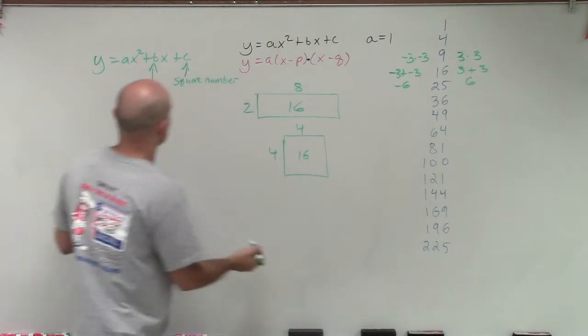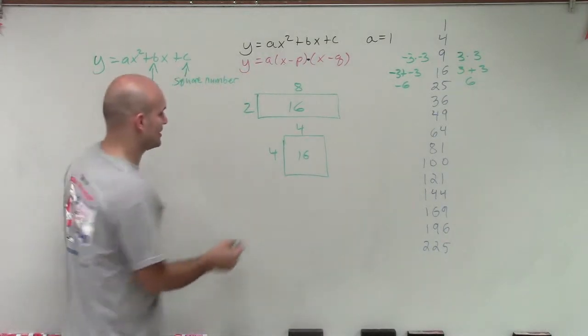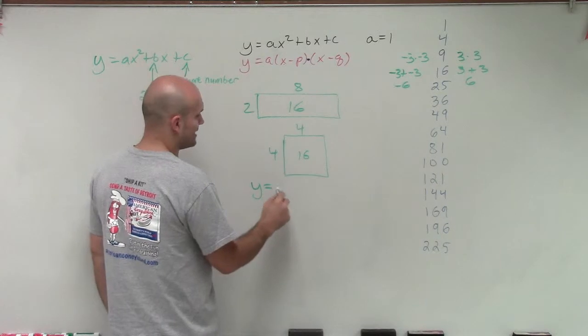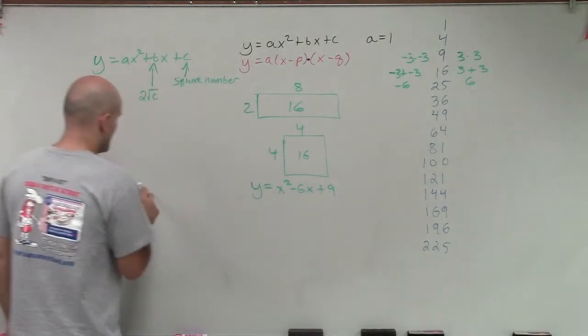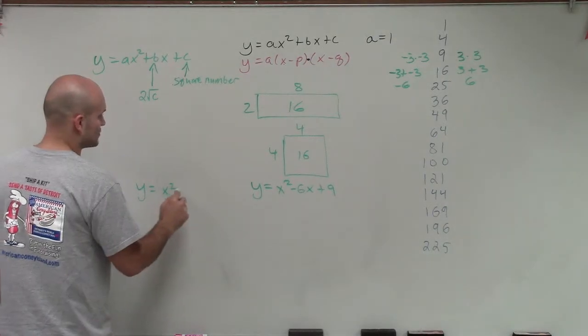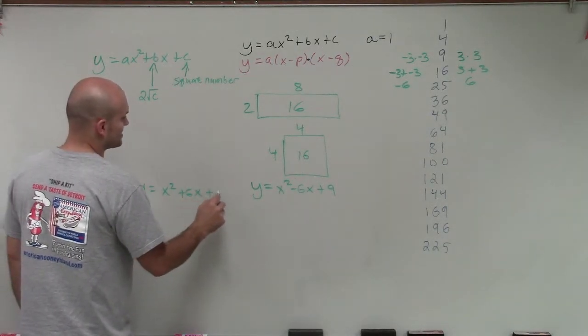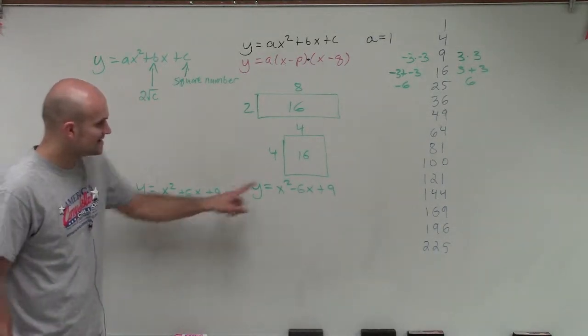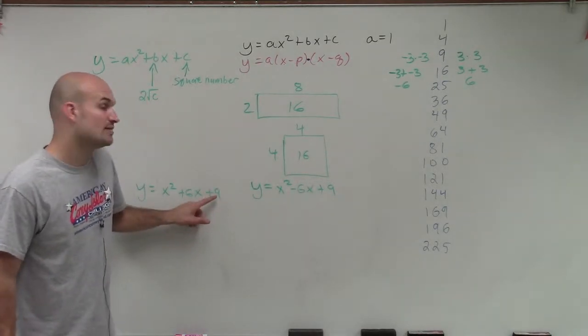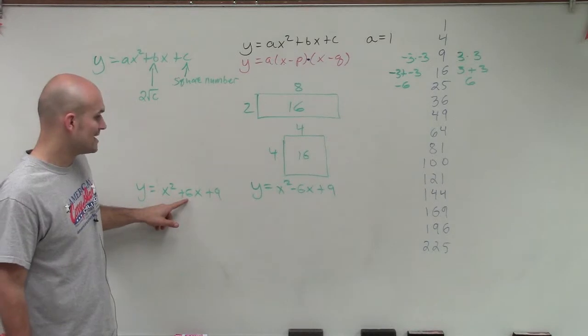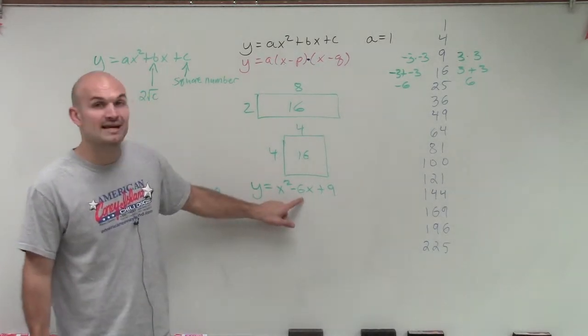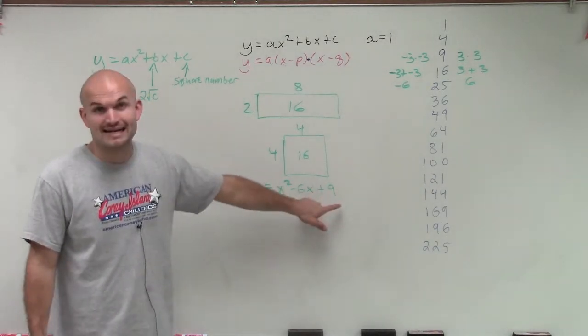Let's look at an example. If I had y equals x squared minus 6x plus 9, and another example, y equals x squared plus 6x plus 9. We see that 9 is a square number, and the square root of 9 is 3. And you can see b is double 3, which is positive 6. Or here, b, a negative 6, is double a negative 3.